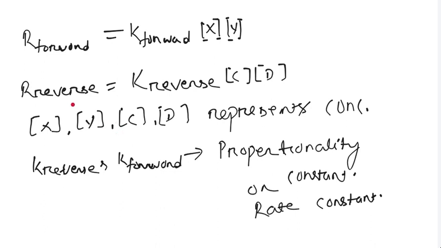So during chemical equilibrium, R forward equals R reverse. So now we will equate these two equations. R forward equal to R reverse at chemical equilibrium.